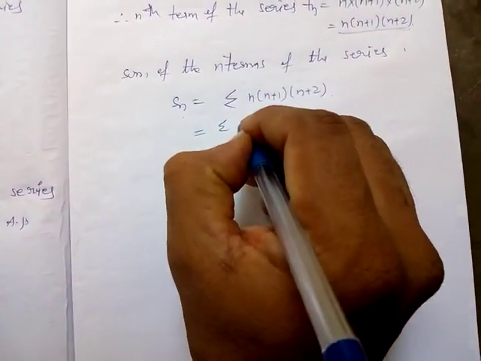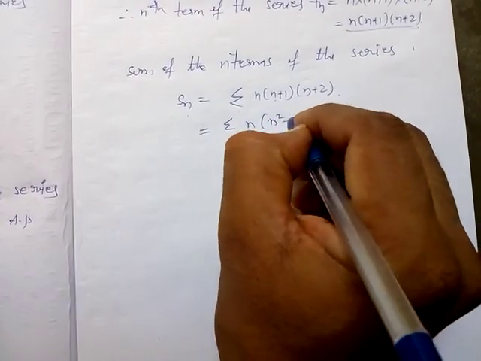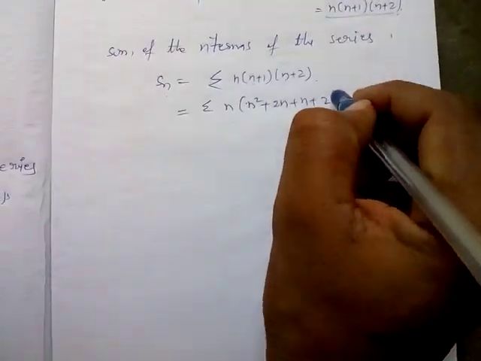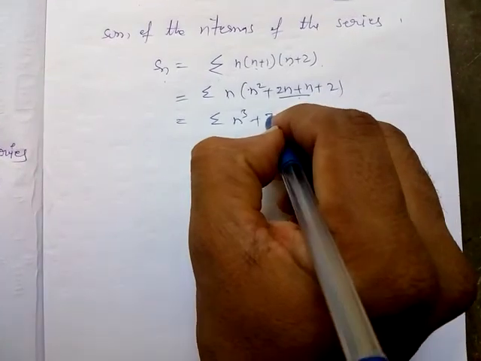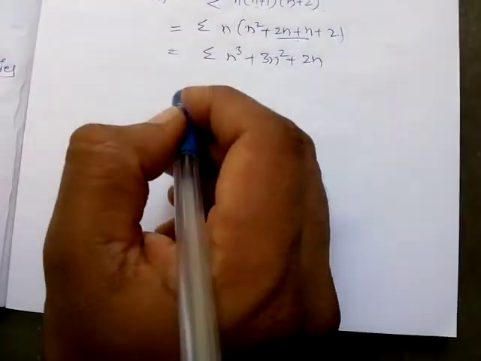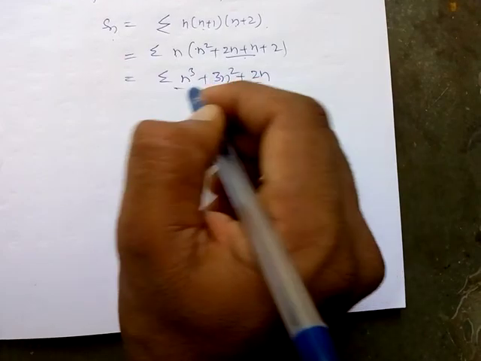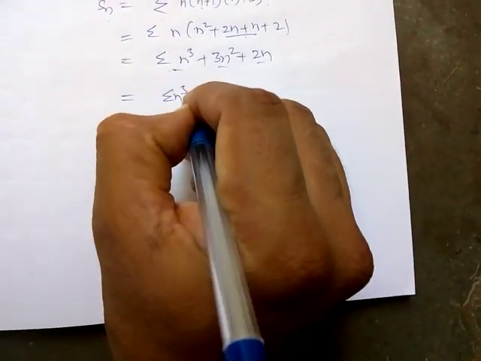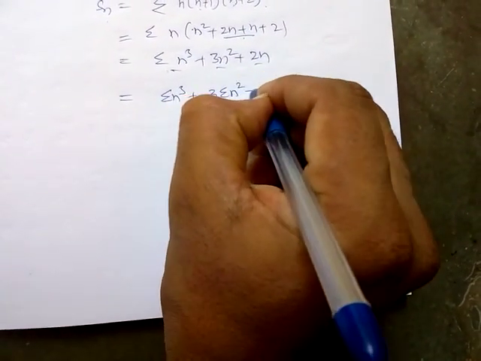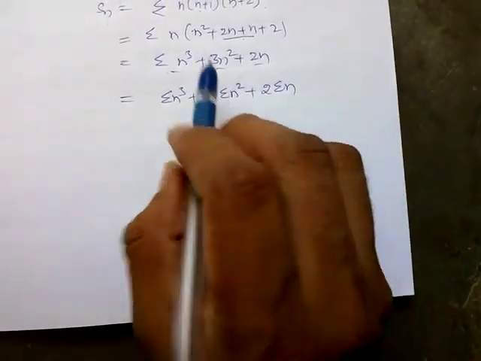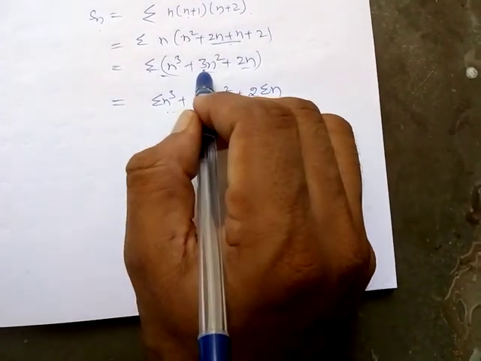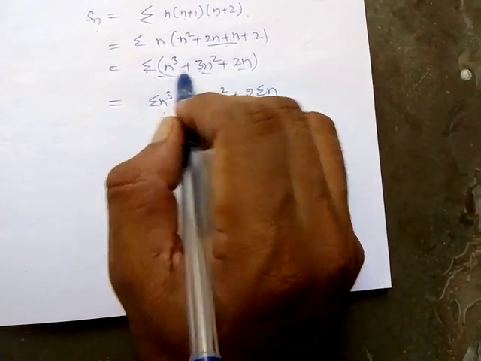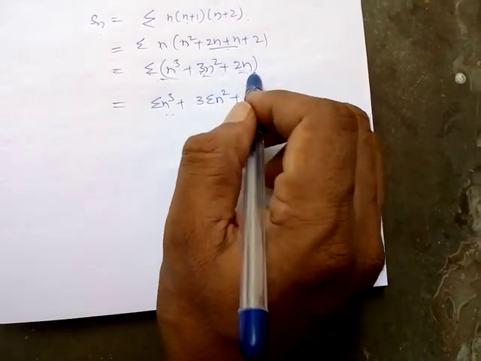So sigma of n into n square plus 3n plus 2, that is sigma of n cube plus 3n square plus 2n. So apply sigma to each and every term. So sigma n cube plus 3 into sigma n square plus 2 into sigma n. Sigma of 3n square means 3 is a constant, so 3 sigma n square plus 2 sigma n.